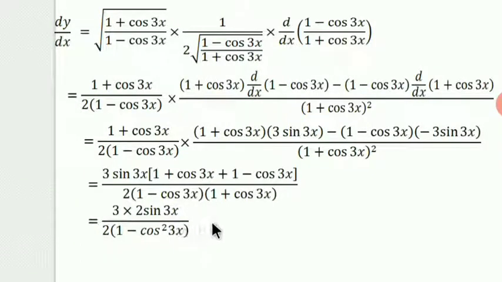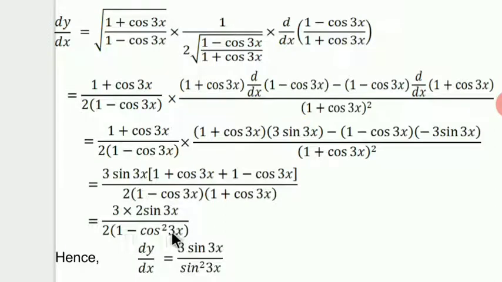So it is equal to 3 sin 3x divided by 1 minus cos square 3x, which is sin square 3x. So here one sin 3x gets cancelled, we remain with 3 upon sin 3x, and 1 upon sin means cosec, so it is equal to 3 times cosec 3x. Means using this method we get the answer 3 cosec 3x.